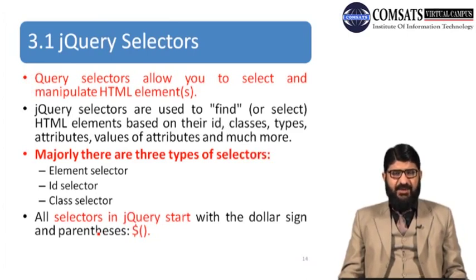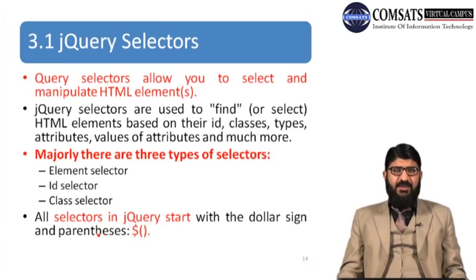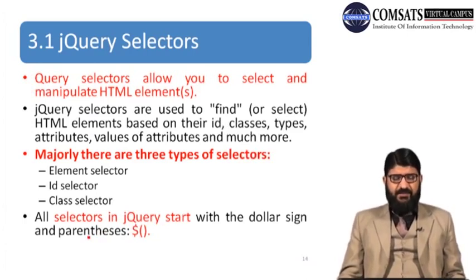Selectors are used to select the HTML elements, and selectors can be used by the IDs of HTML elements, by classes of HTML elements, by the type attributes of the HTML elements, and the values of elements. Similarly, we have different options to find the HTML elements with different properties.